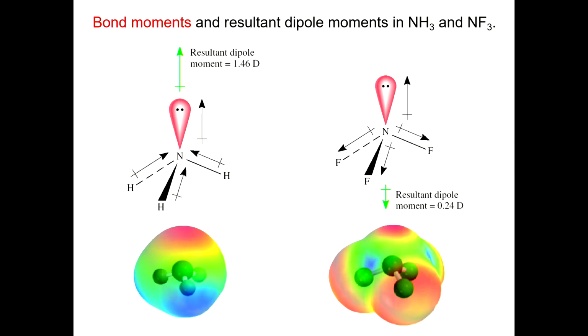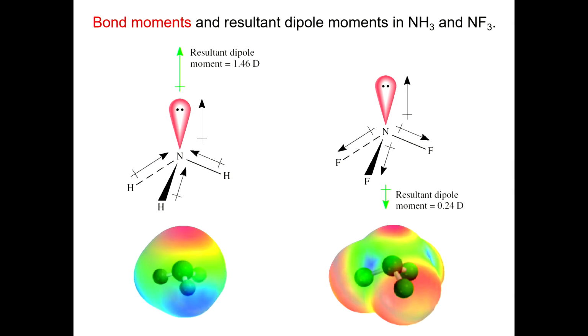So we can combine these 4 moments together to get the molecular moment. So it has a moment, and this molecule is polar.